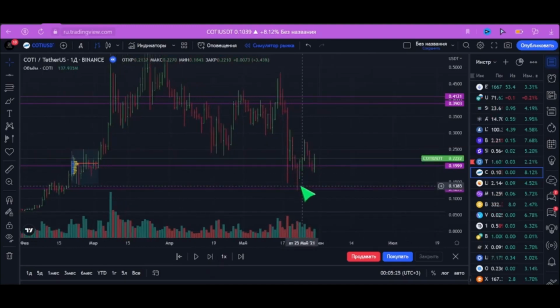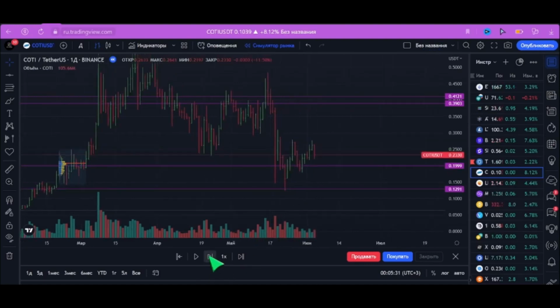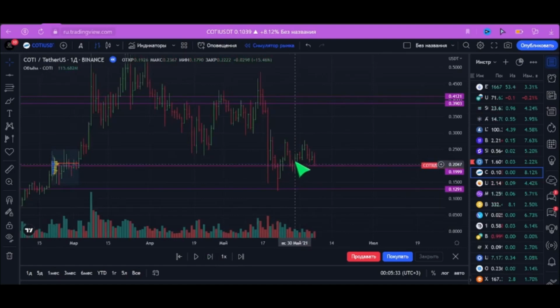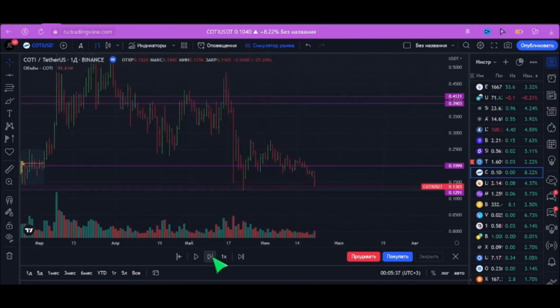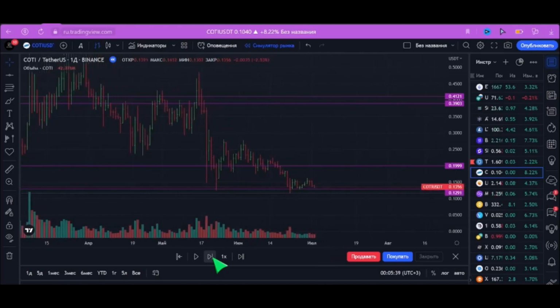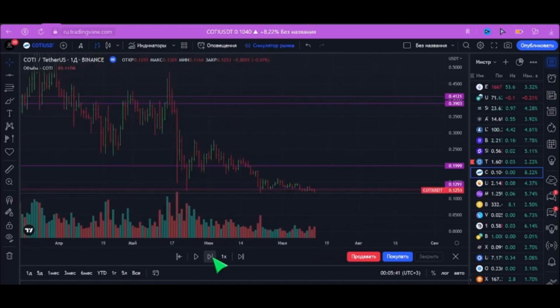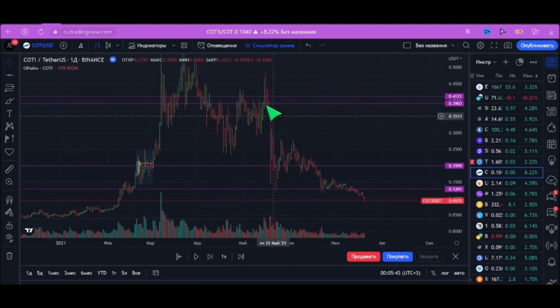We have a very good bounce from this level. Next, we retest that level and bounce back up again. In general, levels are worked out, and quite well. We have had good bounces from these very levels.